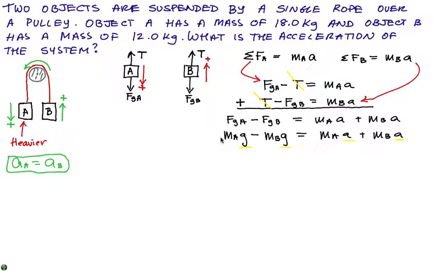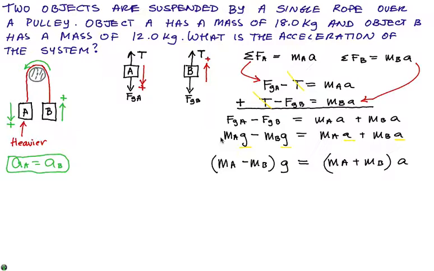So I can simplify my equation as MA minus MB, factored out the g, and here I have MA plus MB, factor out the a.